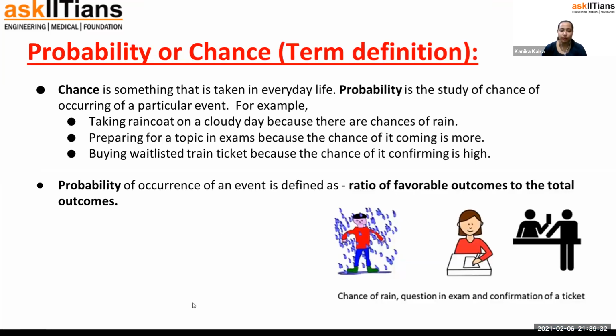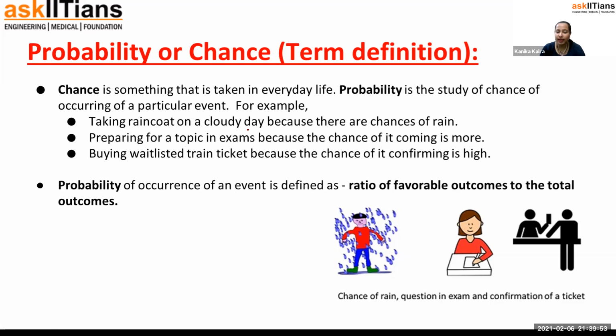So, what do you think probability means? Let's take an example to understand it better. Probability is basically when you are providing numbers to an uncertain situation. Let's say a person is going outside and carrying an umbrella.